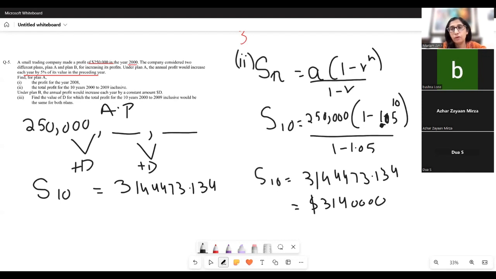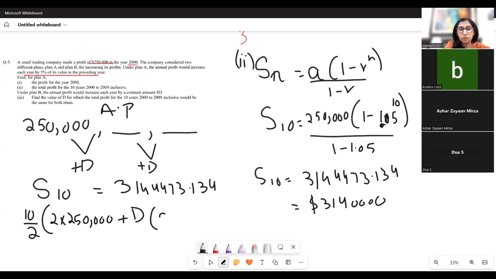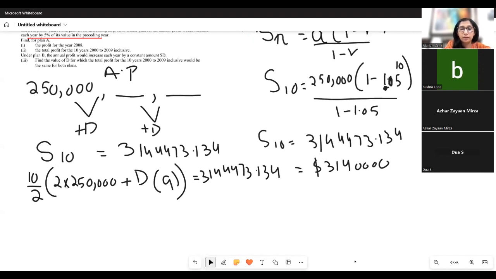And now the S10 formula would be the arithmetic progression sum formula, which is n over 2, 10 over 2, times 2 times a, which is the same, 250,000, plus D, the difference, capital D in this case, times n minus 1, which is 10 minus 1, which is 9, equals 314,473.134. Now use algebra and find the value of D.